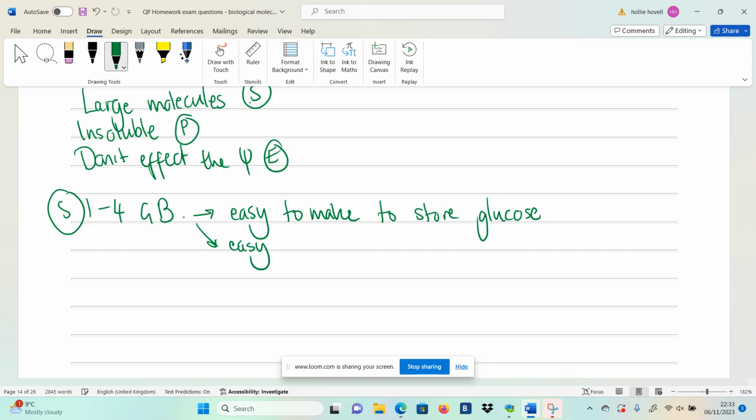So you could say that's in condensation reactions, and then you could say they're easy to break in hydrolysis reactions to release the glucose for respiration. So there you've explained why it's important that they have these glycosidic bonds. So that's explaining.